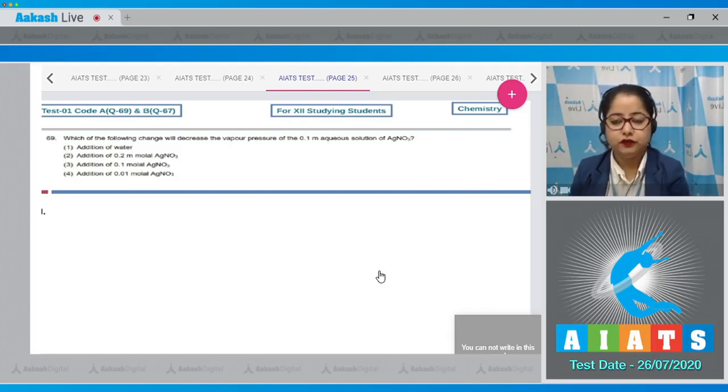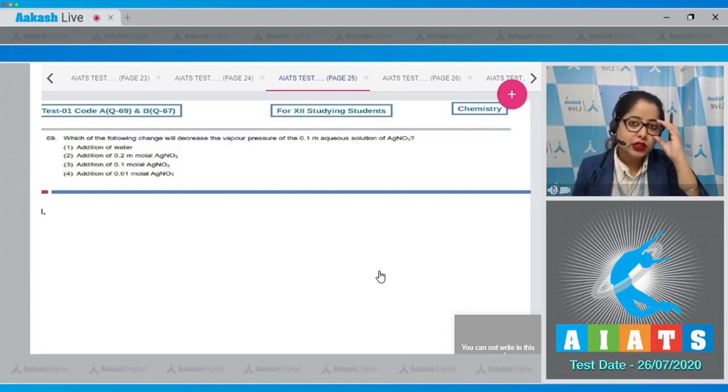So first is addition of water. Student, by dilution, the concentration of solute in the solution decreases. As a result, the vapor pressure will increase. Moving to next, addition of 0.2 molar AgNO3. Students, in this case, the concentration of the solute will definitely increase. As a result, the vapor pressure will decrease. But let's see the remaining options also.